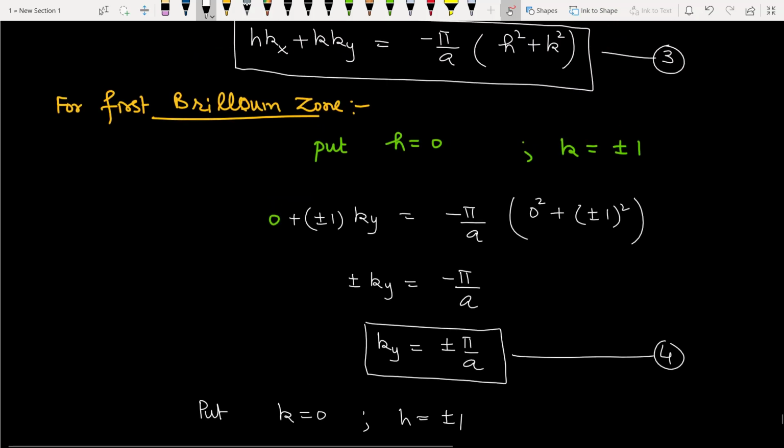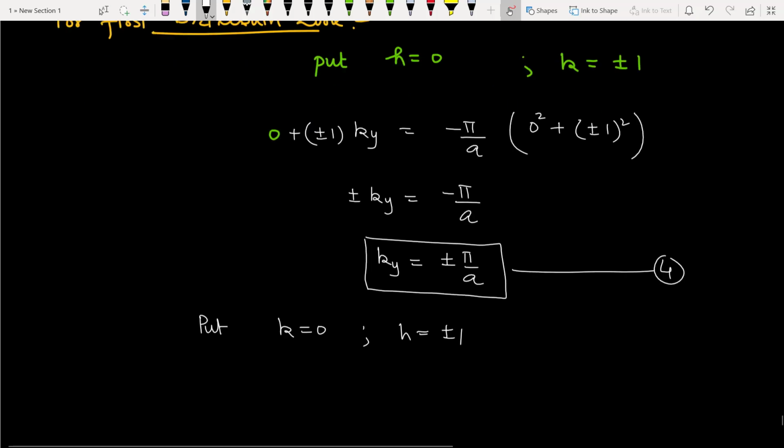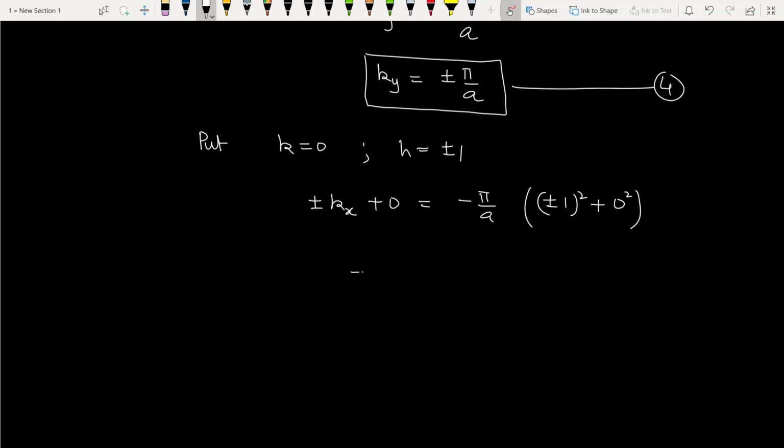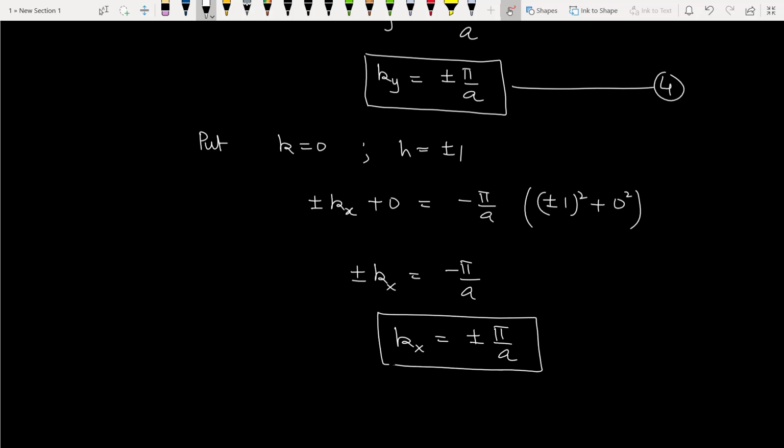Equation number 3 reduces to plus minus kx plus 0 equal to minus pi by a (plus minus 1 square plus 0 square). So plus minus kx equals minus pi by a, so kx will be plus minus pi by a.